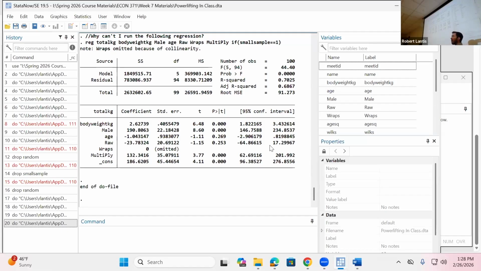The coefficients that have p-values less than an alpha of 0.1. So I could say that the multiply category, male, and body weight were all statistically significant. They had an effect that was non-zero. I can't say that age and the category of no assistive equipment have any predictive power at all. I can't reject the null of 0.